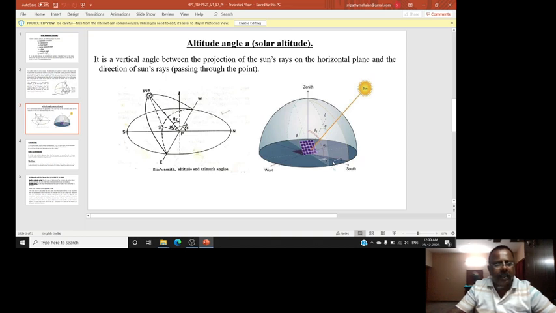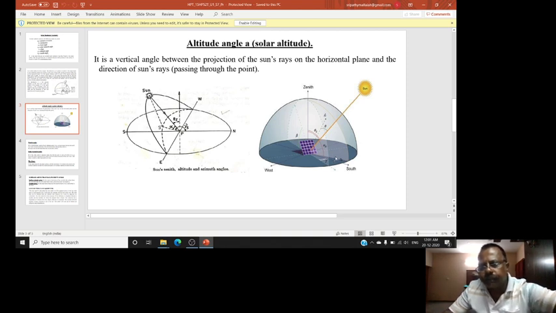By convention, the azimuth angles are taken to be positive when measured from south to east and negative when measured from south to west.